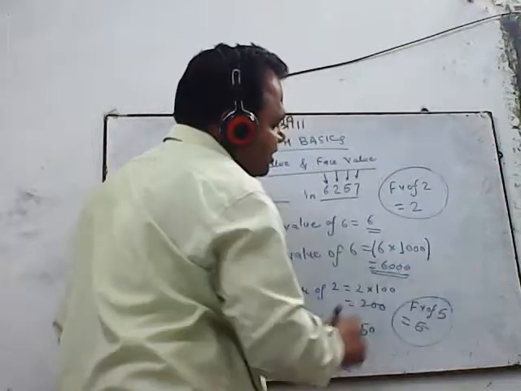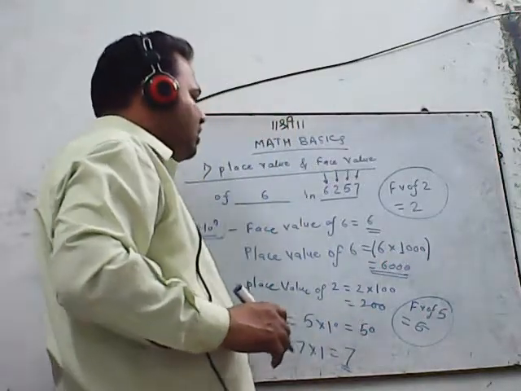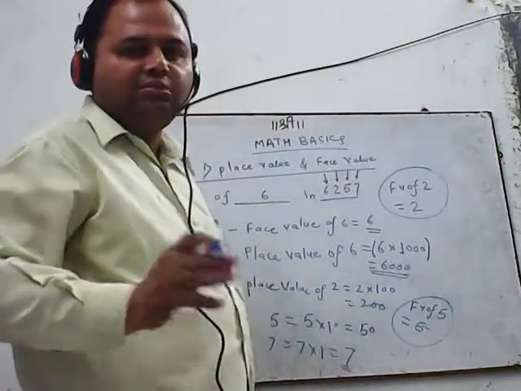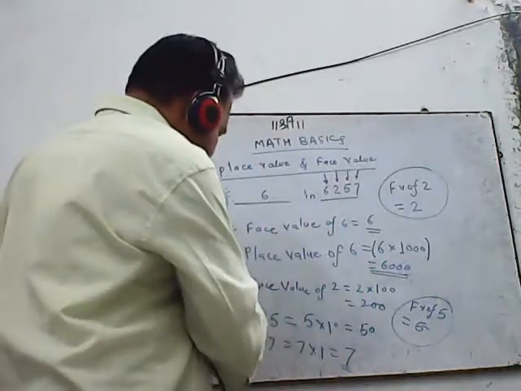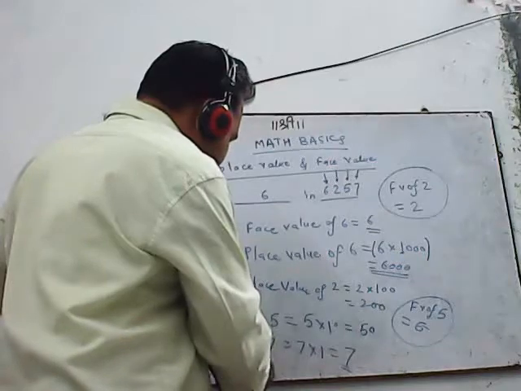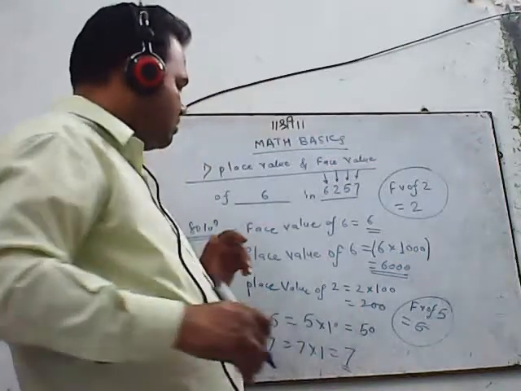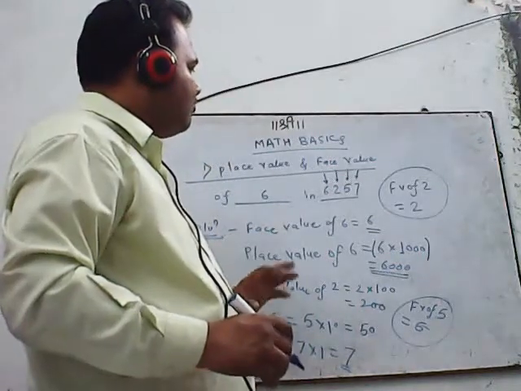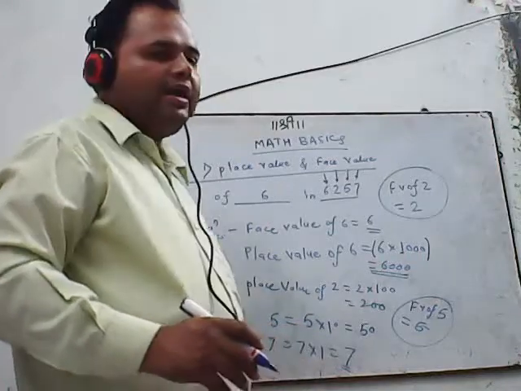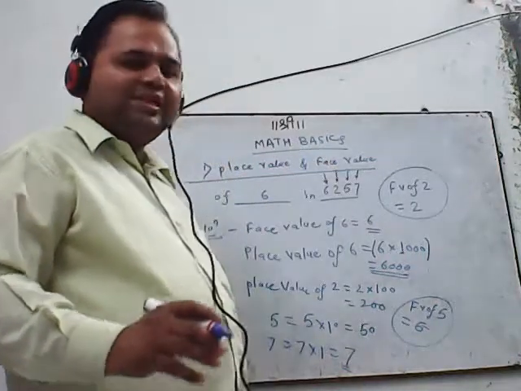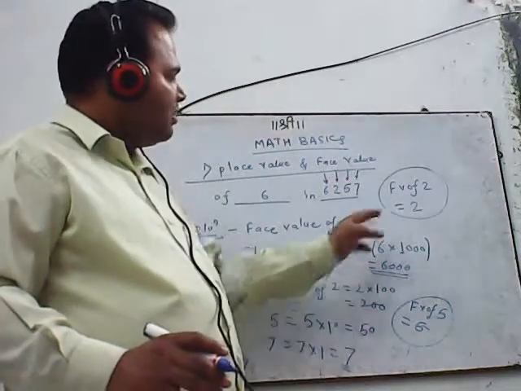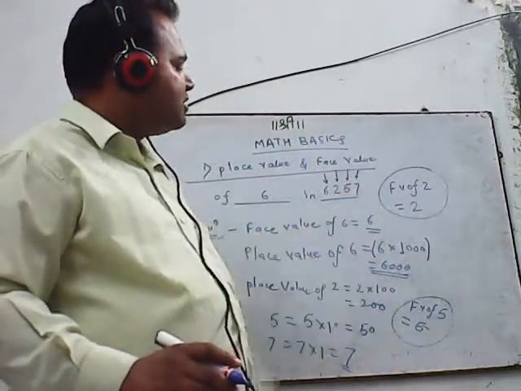It doesn't change, meaning it remains the same as the digit. About this 7, it is equal to 7. Okay. Can you tell me at which place the place value and face value remain the same? It is at the unit place. Okay.